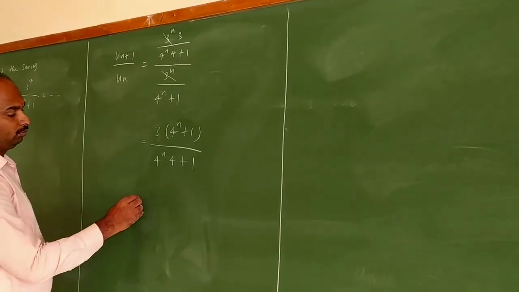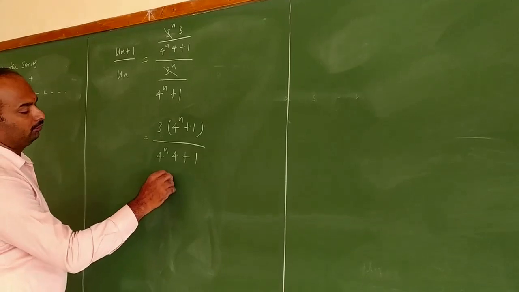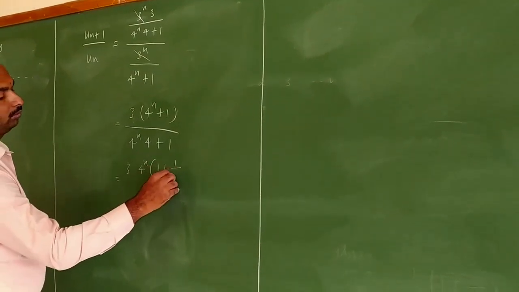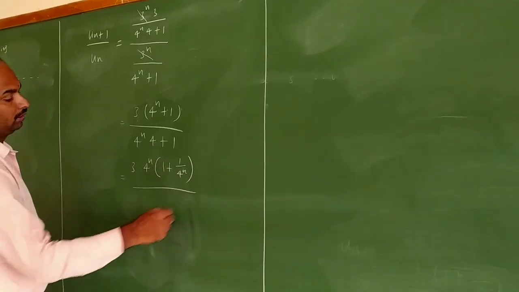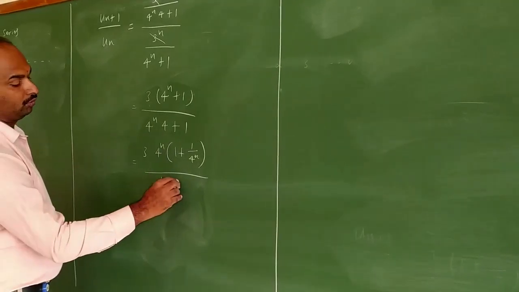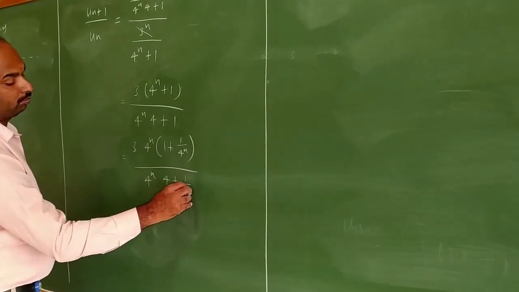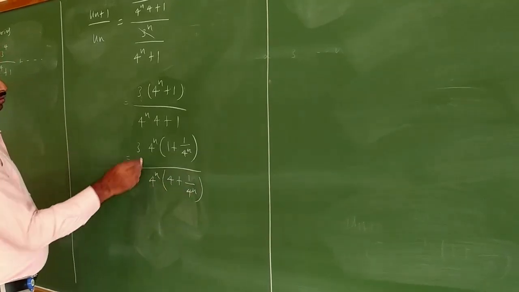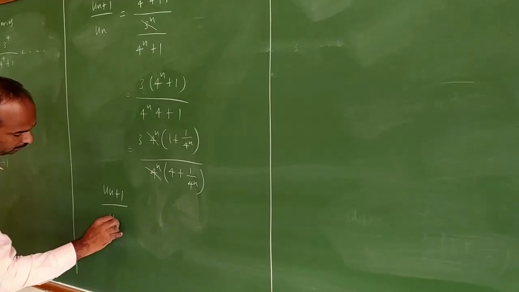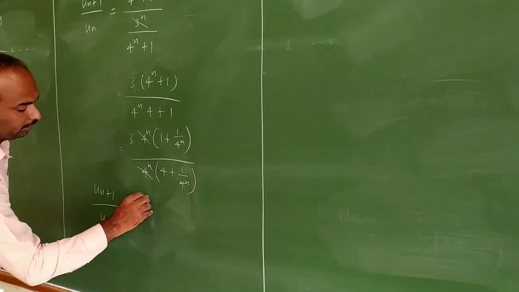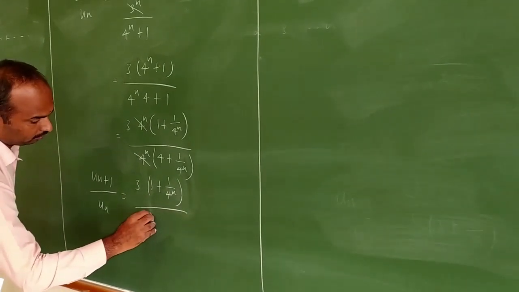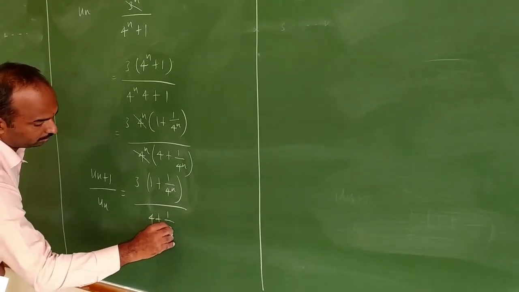I will take both 4 power n as common. 3 into, if I take 4 power n, it becomes 1 plus 1 by 4 power n. Similarly, here if I take 4 power n common, this becomes 4 plus 1 by 4 power n. So now this 4 power n gets cancelled. So un plus 1 divided by un is equals to 3 into 1 plus 1 by 4 power n, divided by 4 plus 1 by 4 power n.